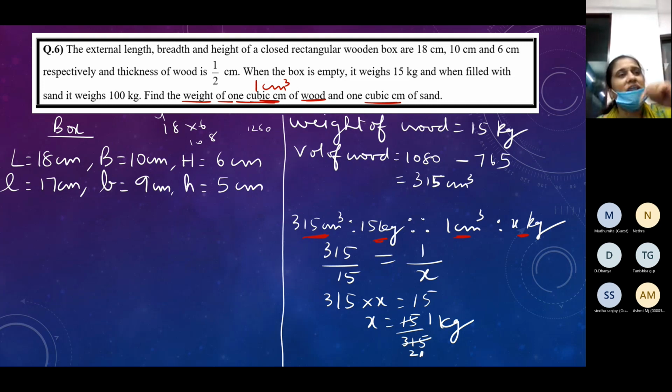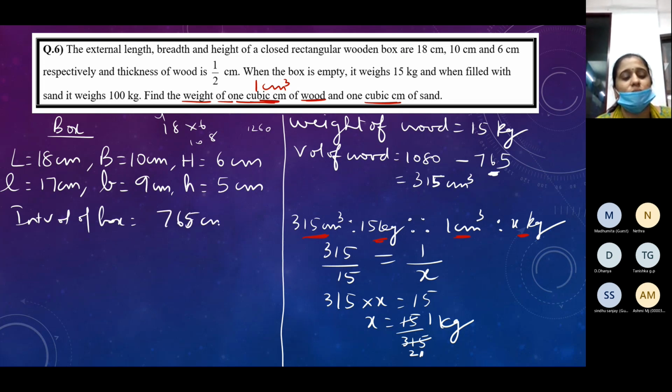Inside the box, which takes up the internal dimensions. So the volume of sand is equal to the internal volume of the box. So what is the internal volume of the box? It's 765, no? 765 centimeter cube is the internal volume.